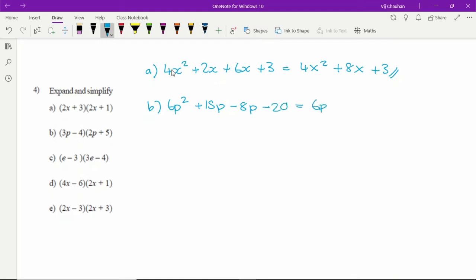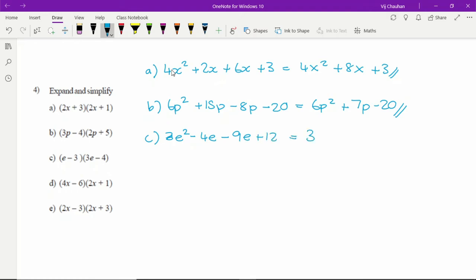So we've got 6p squared plus 7p minus 20. For C, we've got 3e squared minus 4e minus 9e plus 12.